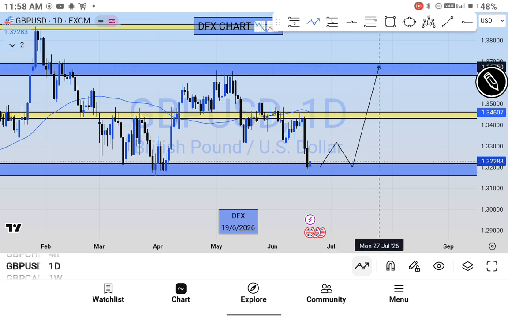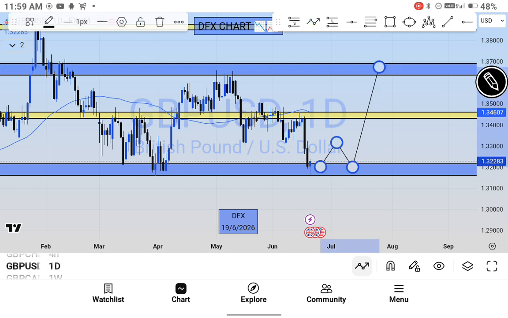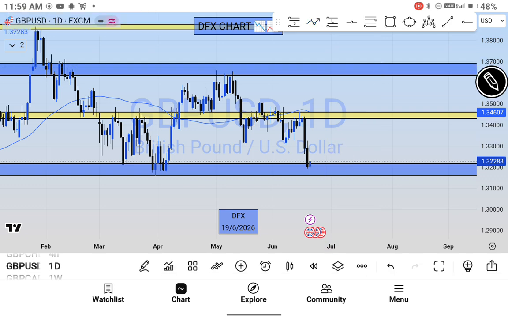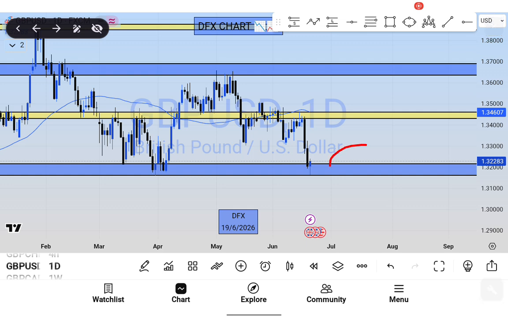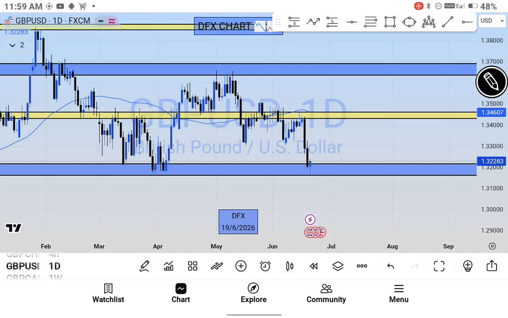All these two setups will only take place if we continue trading above this weekly support. Anything that makes the price break below, then the buys become invalidated. We start looking for sells to the next weekly support.